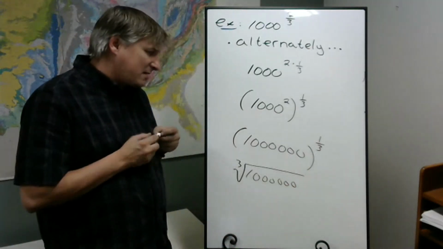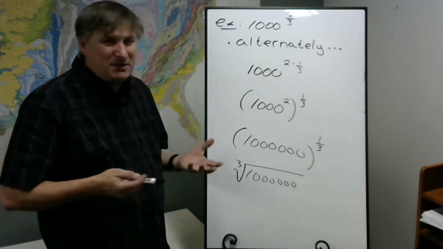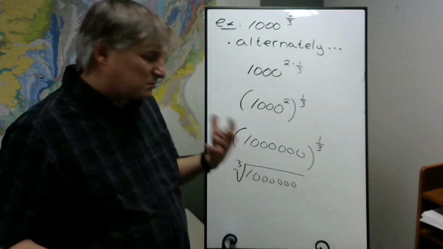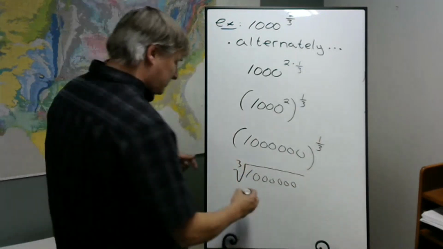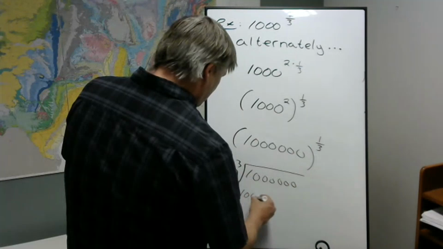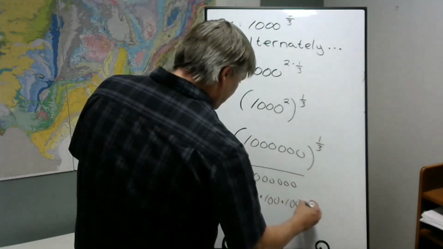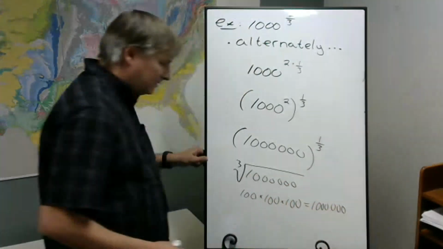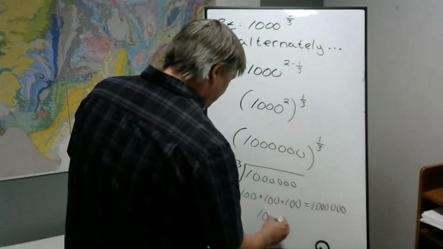But we do have to be careful here that we might be doing something that's harder than we realize. So what's the cube root of 1,000,000? Well, it turns out that 100 times 100 times 100 equals 1,000,000. So that means the cube root of 1,000,000 is 100.